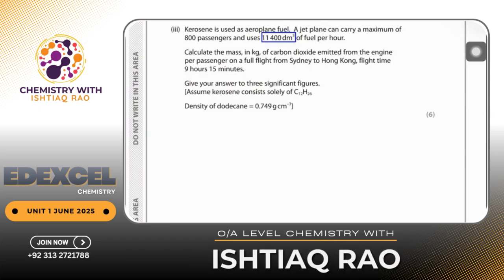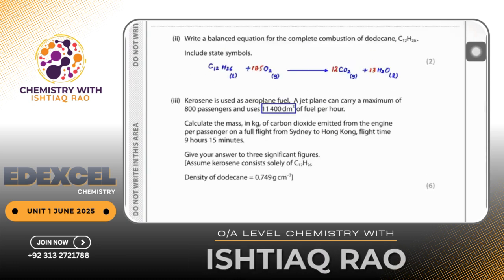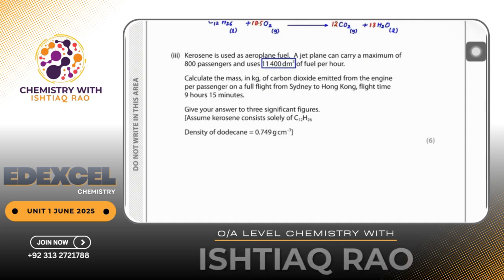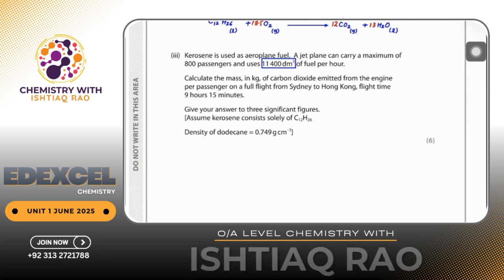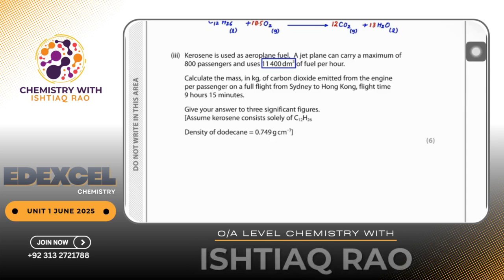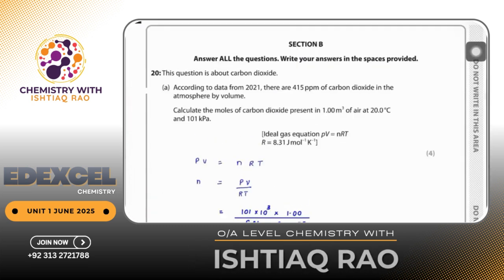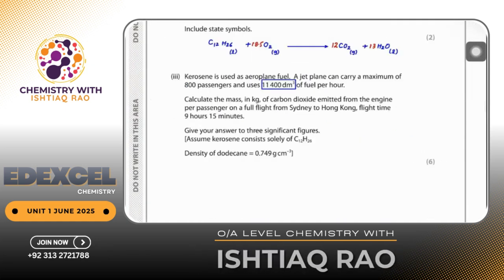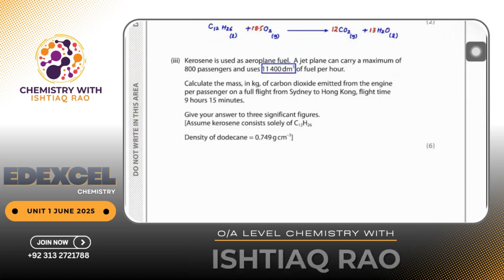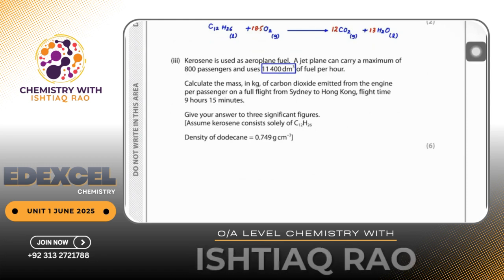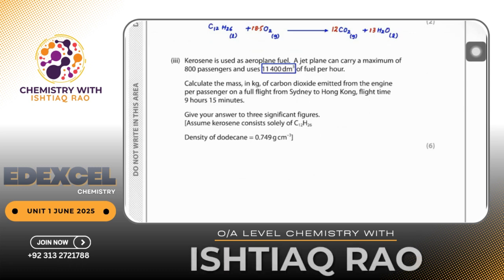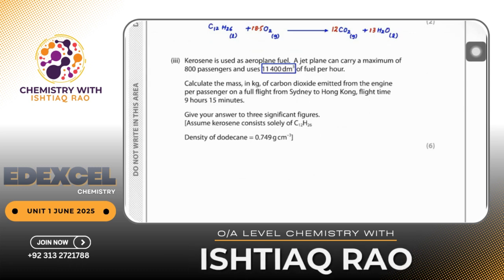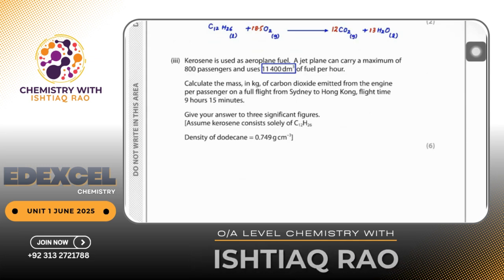And also, 800 passengers. Calculate the mass in kilograms of carbon dioxide emitted from the engine per passenger on a full flight from Sydney, flight time is 9 hours and 15 minutes. Give your answer to three significant figures.